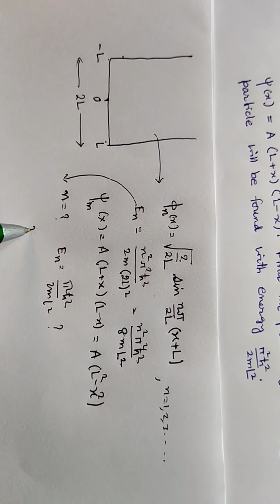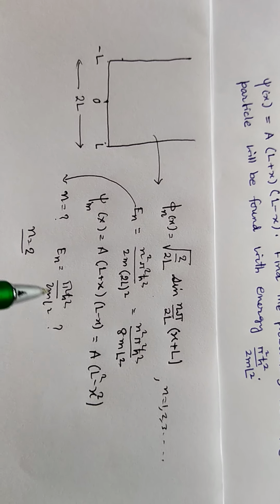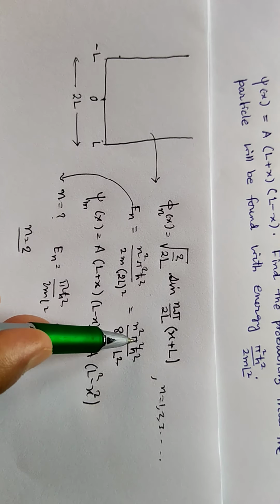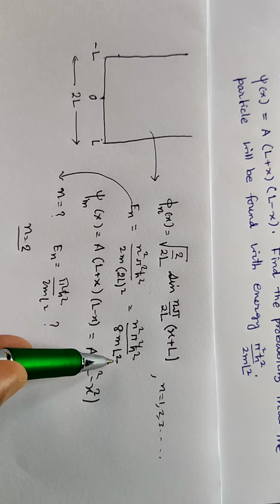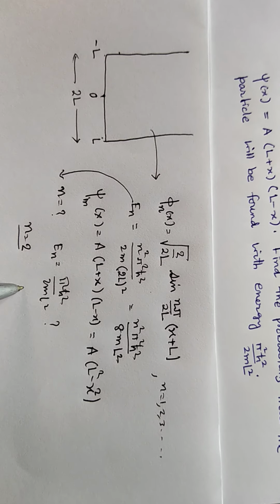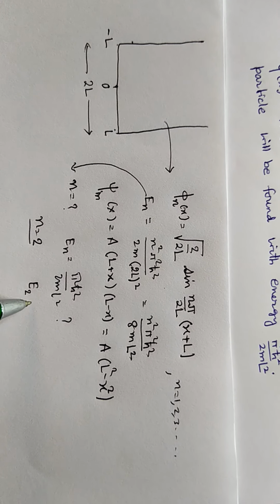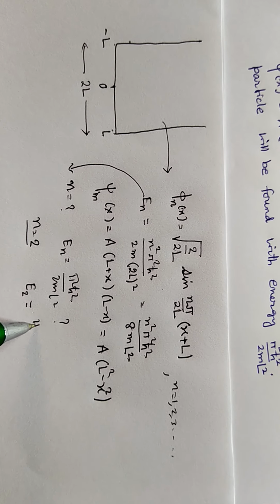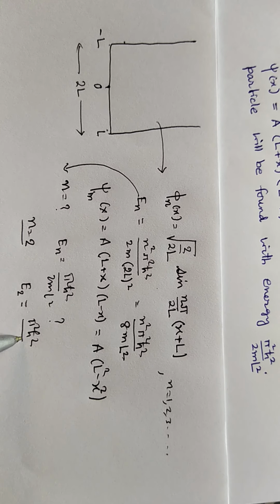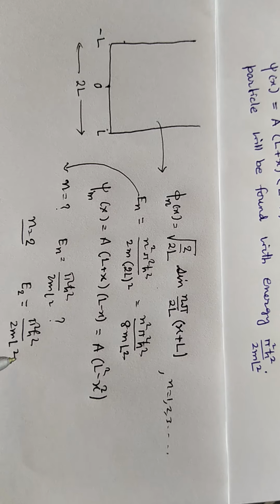You see that if n equals 2, then n² is 4, π²ħ² by 8mL² is n². That means for n equals 2, it is π²ħ² by 2mL².